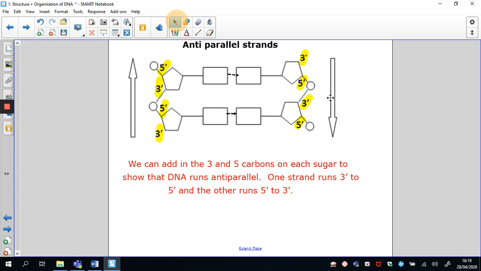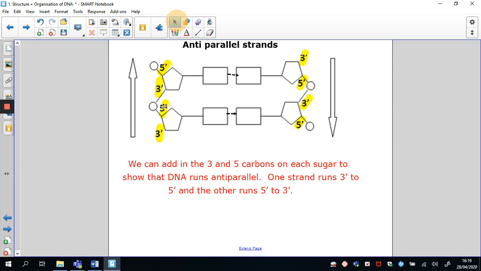And obviously we've already worked out that this side is completely upside down. So that's 3, that's 5, that's 3, that's 5. If we draw our arrows going from the 3 to the 5 direction, that arrow's pointing down, and that arrow's pointing up. So that's just another way of explaining why they're called anti-parallel. If we number the carbons, we can see that they're going in opposite directions.